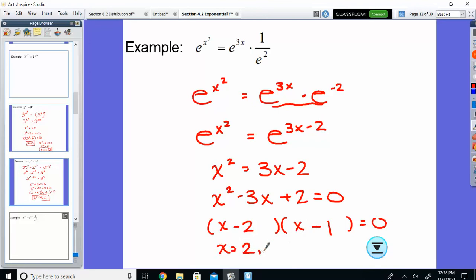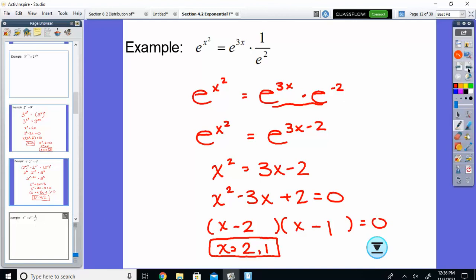So if we set those equal to 0, we get positive 2 and positive 1. Any issues with these guys? Last one.